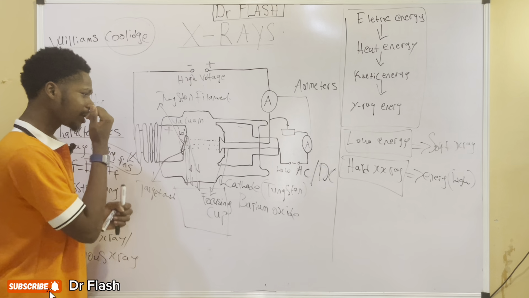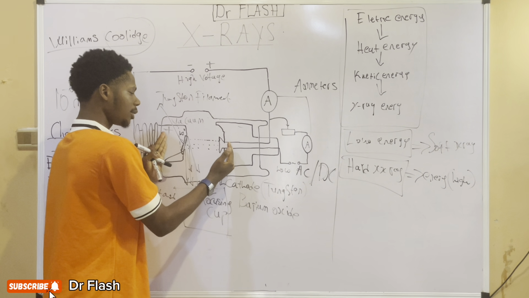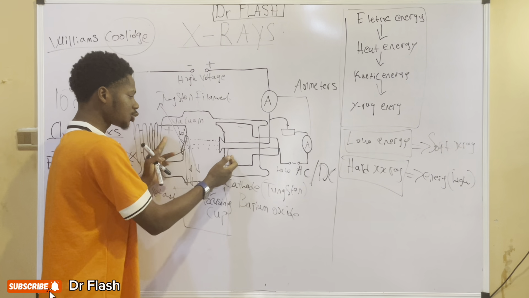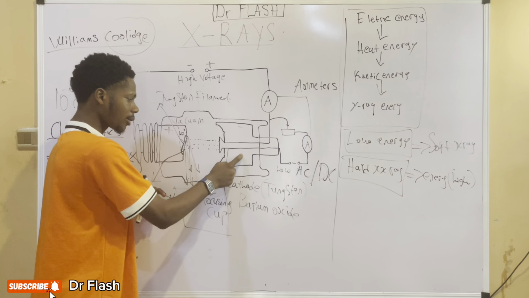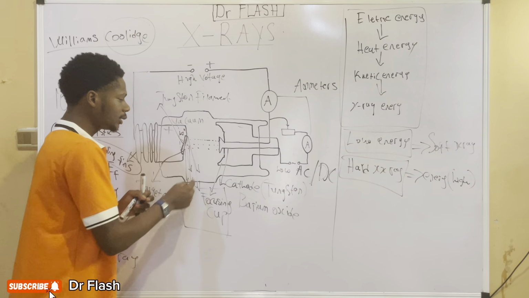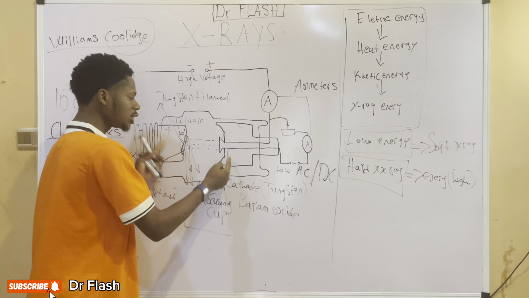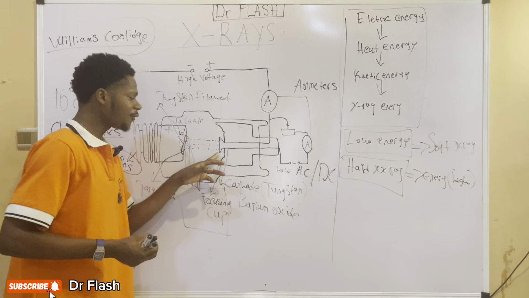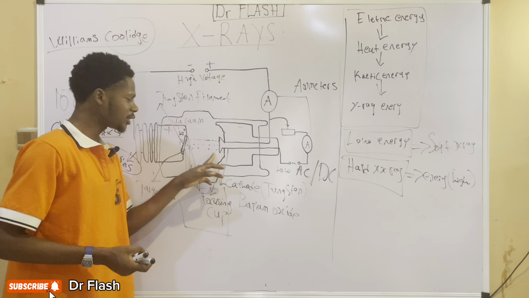We can increase it by increasing the accelerating voltage between these two terminals, the cathode and the anode. If we increase the voltage between these two points, we increase the velocity or the kinetic energy of the electrons.